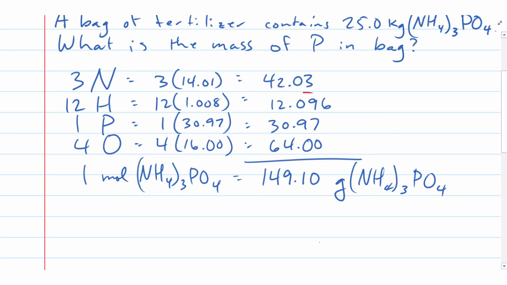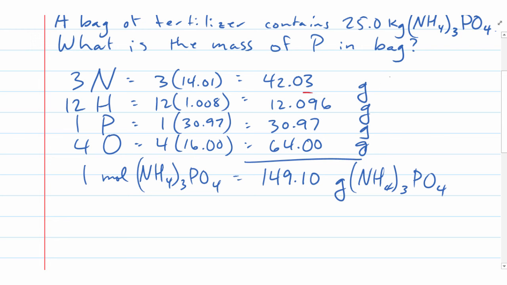Now, of course, if this is in units of grams, that means that the units on each of these answers up here, like the 42.03, would be in units of grams. Next would be grams. Then we'd have grams and grams. Because when you sum together, you can add together the masses in grams.